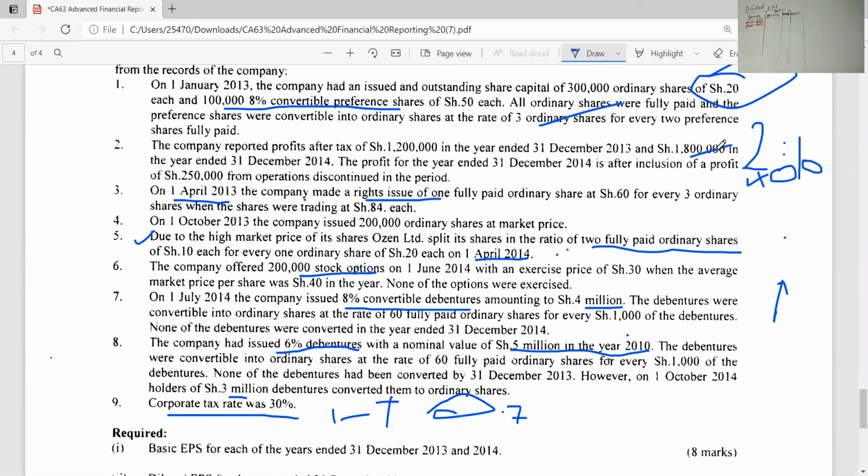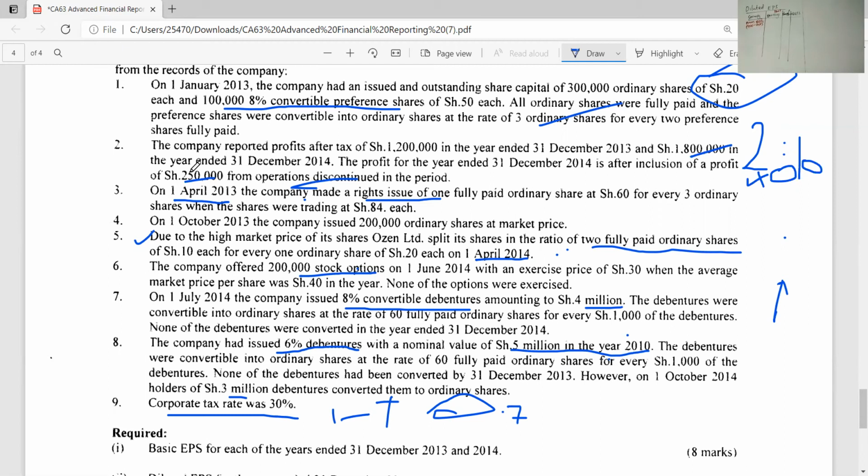This 1,800 was including 250 from discontinued. And for the diluted earnings per share, remember it doesn't include the profit from discontinued operations. It only includes the profit from continuing.